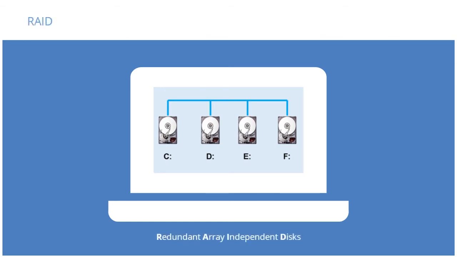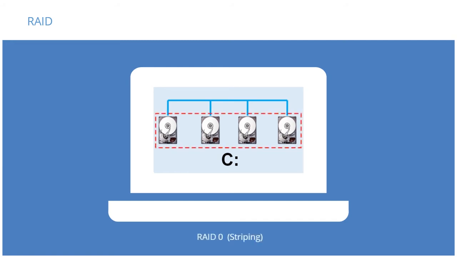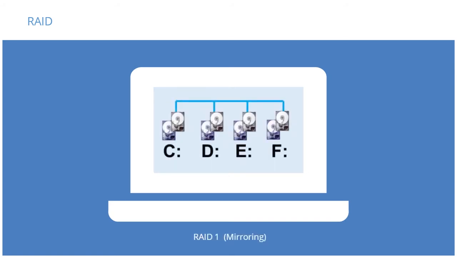Redundant array of independent or inexpensive disks, RAID, treats several hard disks as one logical unit in order to increase data redundancy, performance, or both. Some key terms to understand when talking about RAID are striping and mirroring. Data striping is the spreading of sequential and random blocks of data over multiple disks. Data mirroring involves writing the same data to multiple disks.